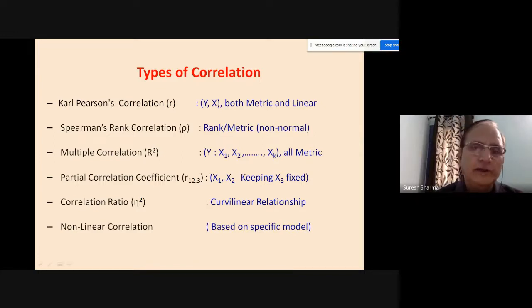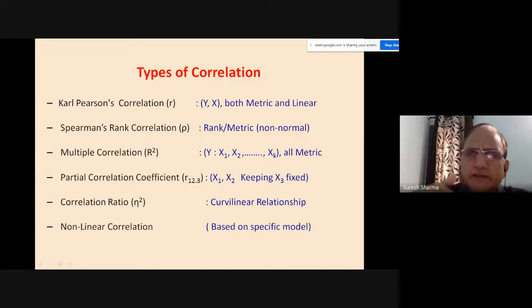Another situation to apply Spearman's rank correlation is even if both y and x are measurable quantities, not ranks. But if I check the normality of y and the normality of x, and today we will go through how to check the normality of the data, if you look at the histogram or a box plot, you can check the normality of the data.